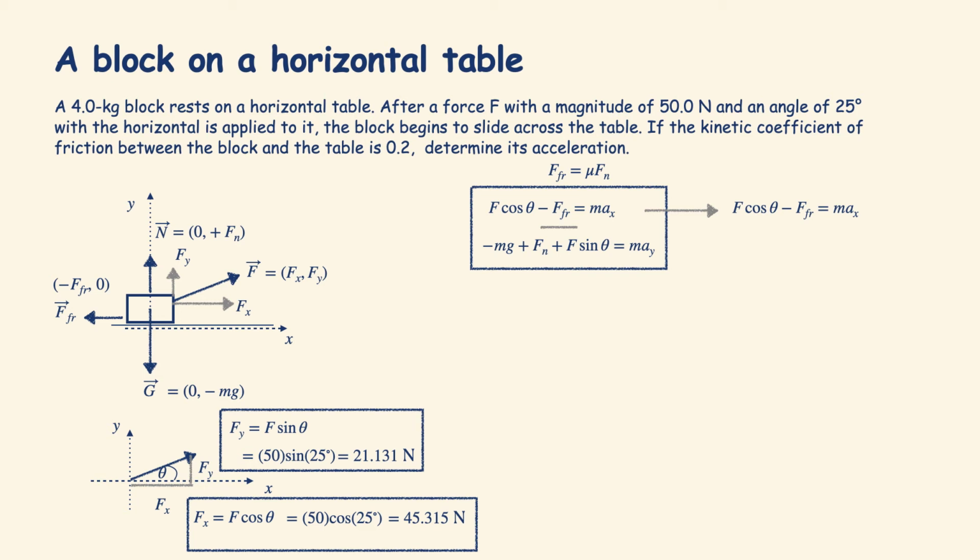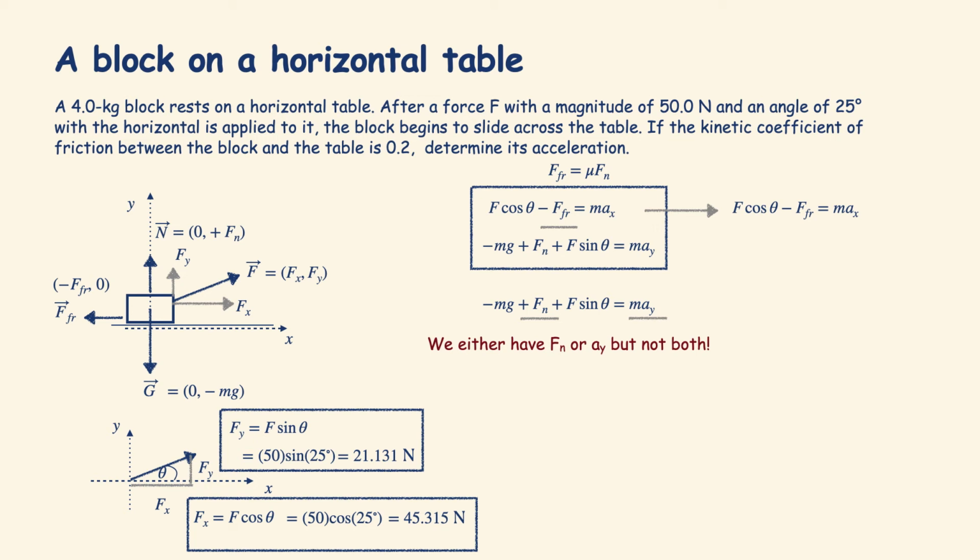But here's where I'm stuck, and I see that in order for me to find the x component of the acceleration, I need to figure out the frictional force first. So because of that, I have to go to the second equation, minus mg plus Fn plus F sine theta is equal to may. Remember, even though here we had Fn and ay as unknowns, we can have only one or the other, but never both simultaneously as unknown in our equations.